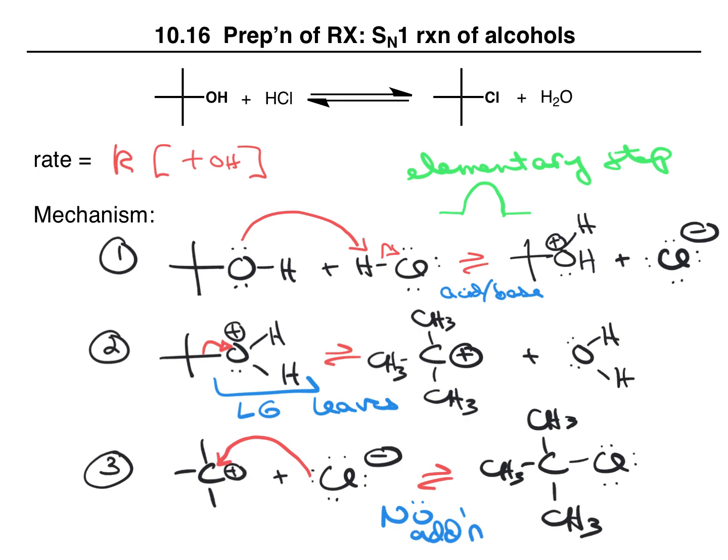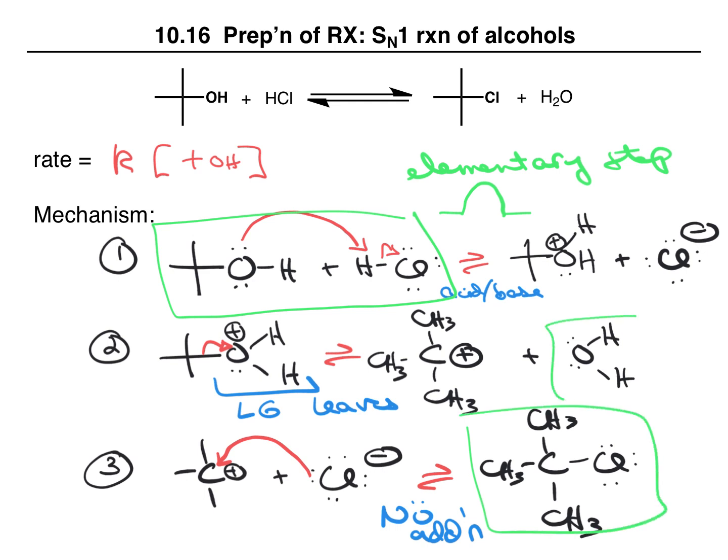If we look at this mechanism overall, keep in mind our starting materials are the alcohol and HCl, and so that's what we have here. And our products are t-butyl chloride and water, and so here's our t-butyl chloride, and here is our water. So this is an intermediate. It's produced in step 1. It's consumed in step 2.